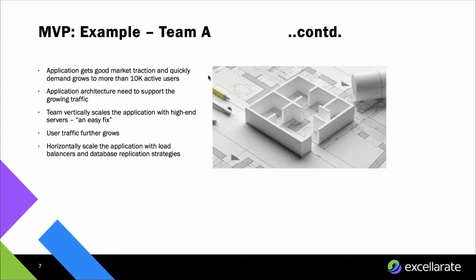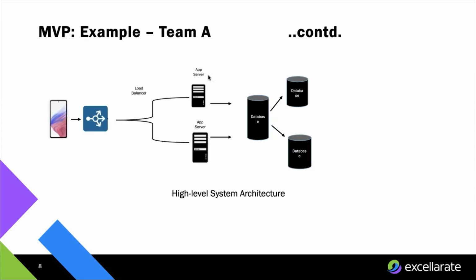That's an easy fix: they provide more horsepower to their servers, like more CPU and RAM capacity, and that was able to handle the growing demand. As user traffic further grows, they horizontally scale the application with load balancers and database replication strategies. That's how they start scaling and fulfilling their ongoing user base demands.